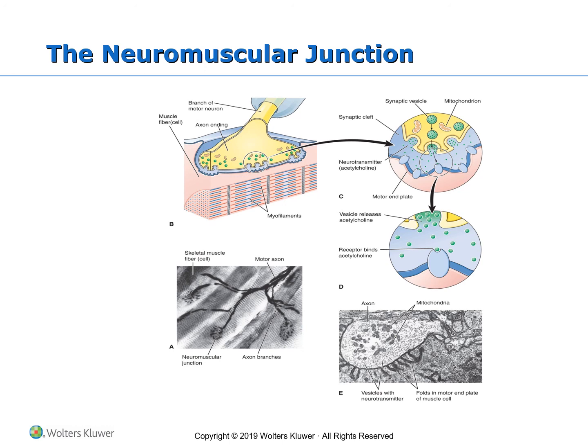The muscle cell receiving part, the level of the membrane where the muscle receives the signal, is called the motor end plate. Once an electric impulse reaches the nerve ending, the neurotransmitters will be released into the synaptic cleft.